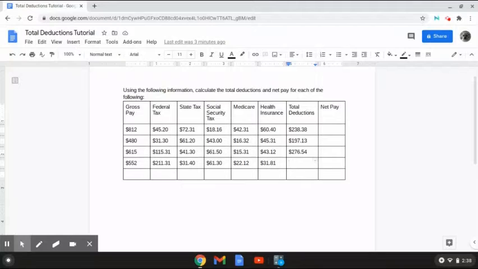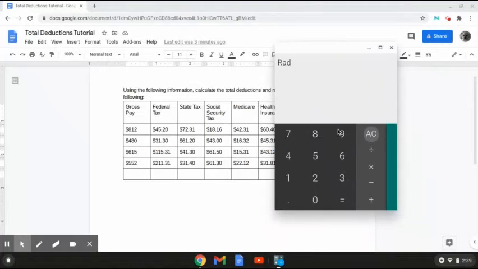Okay, so in this next problem, we are given the following numbers: 552, 21131, 3140, 6130, 2212, and 3181. And the way that we're going to be calculating the total deductions is like we've been doing before in these last few problems. We're going to take federal tax and add it through health insurance.